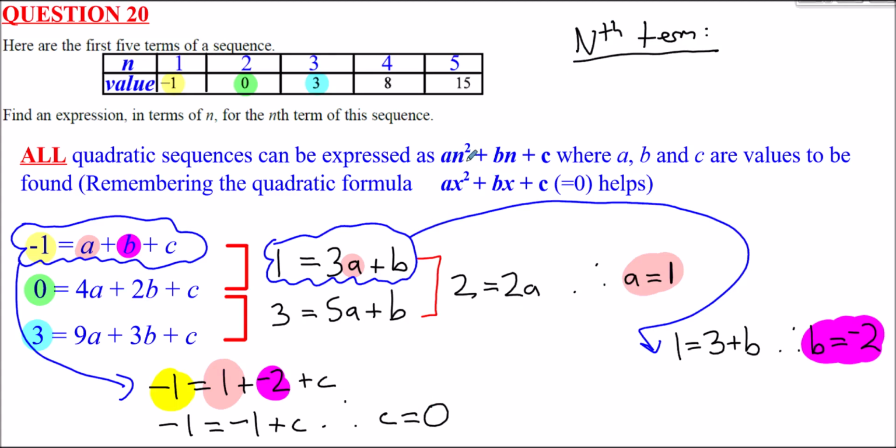A n squared, well, a is 1, so it's just n squared, and then b is minus 2, so it's n squared minus 2n, and because c is 0, we just leave it like that. So the nth term of this sequence is just n squared minus 2n, and that's all we need to do.